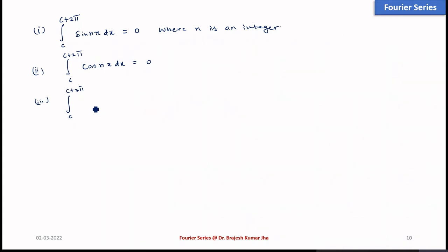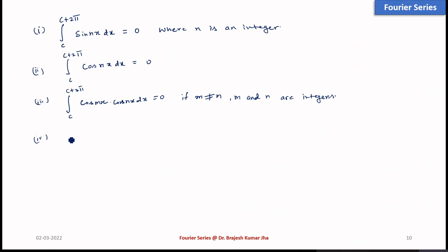Now the next formula is the integral of cos mx into cos nx dx. It is also 0 if m is not equal to n, where m and n are integers.